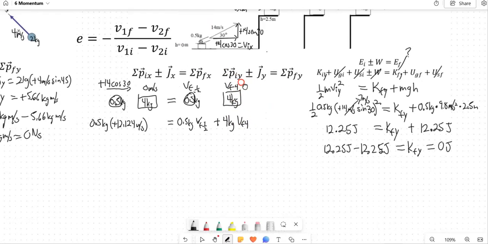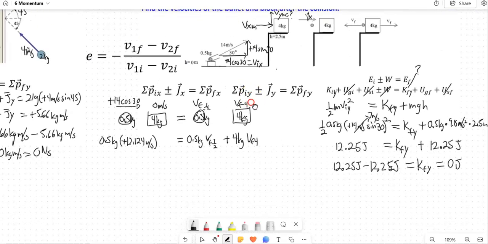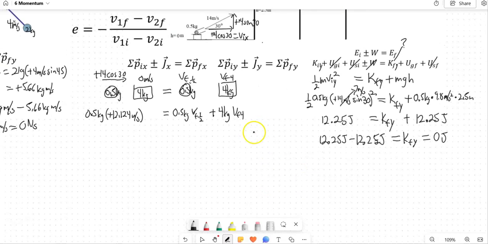Now for the coefficient of restitution, again, it doesn't matter the order in which you do this. You just got to make sure you're consistent. So if you start off with the initial velocity for the first object, final velocity for the first object, start off with the initial velocity for the first object. So we're going to construct this. So that coefficient of restitution equation right here is going to be E, which is going to be equal to 1, which is going to be equal to, I'm going to circle this and leave it off to the side.